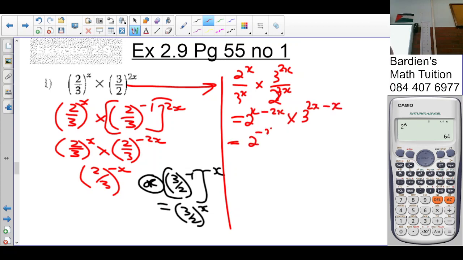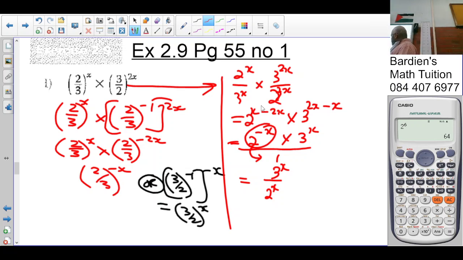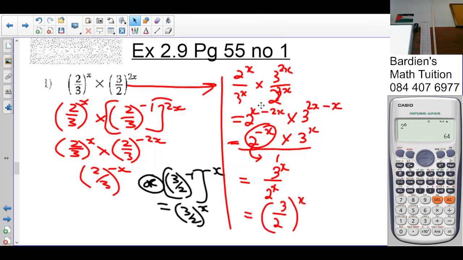That's 2 to the minus x times 3 to the x. Now, I'm sure you guys got that. But actually this is over 1. That goes to the denominator because of the negative exponent. So it's 3 to the x over 2 to the x. But you notice the exponents are the same here, which in turn can be written as 3 over 2 all raised to the power x, which is the same. Okay.